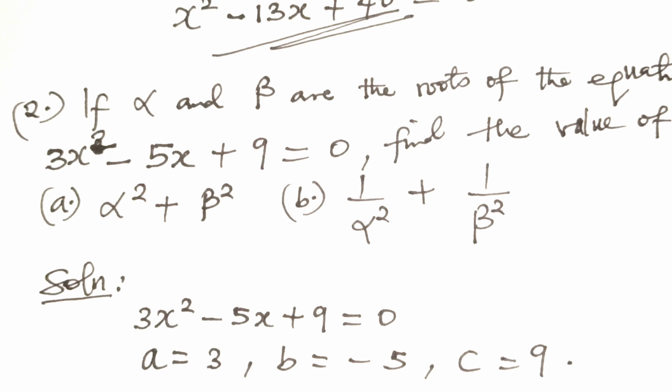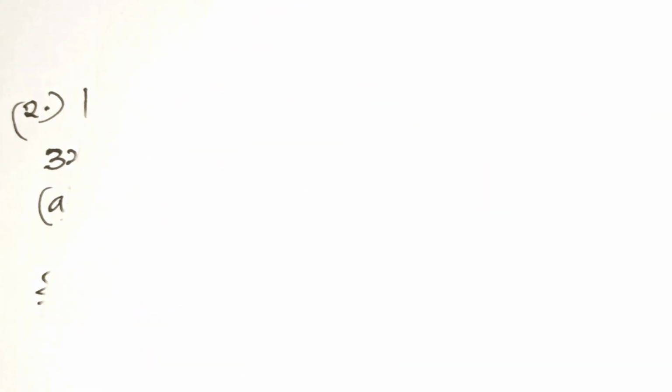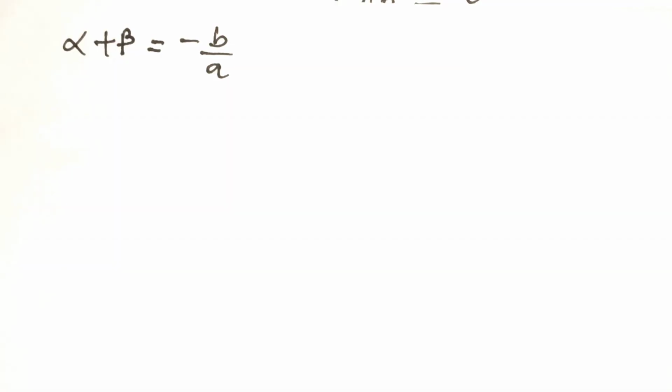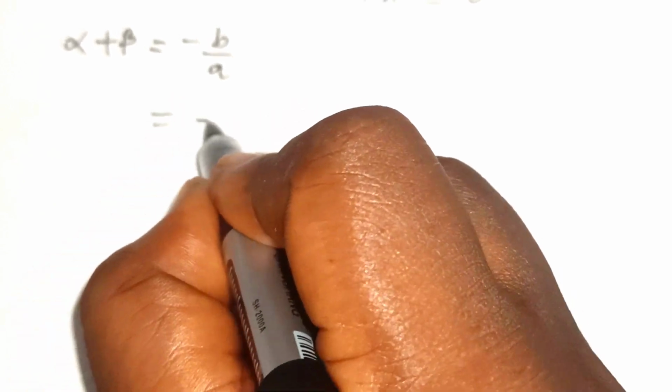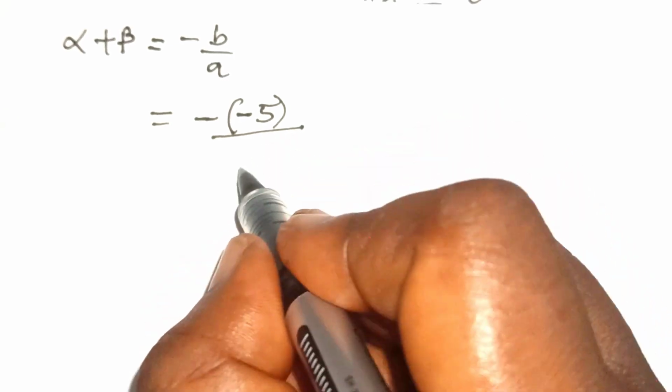So, the sum of the roots will be alpha plus beta equal to minus B over A. Our B is minus 5, so this will be equal to minus 5 divided by 3.